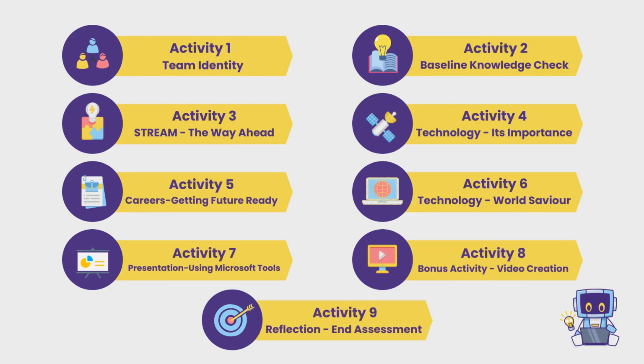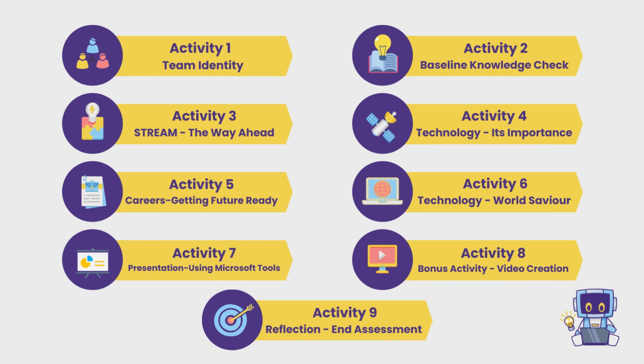Now, the students in the program have to complete 9 activities. Each of these activities caters to a different skill set and a different set of knowledge that we will be giving out to them. So, please note, teachers, that there are a total of 9 activities, out of which activities 1 and 2 and activity 9 are independent activities.